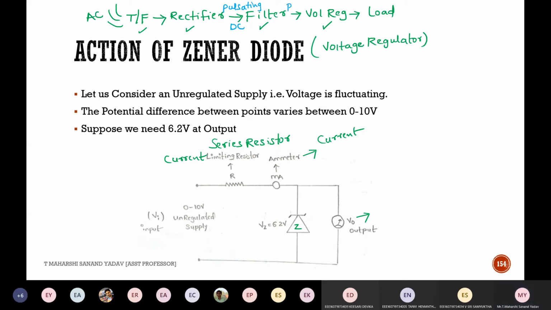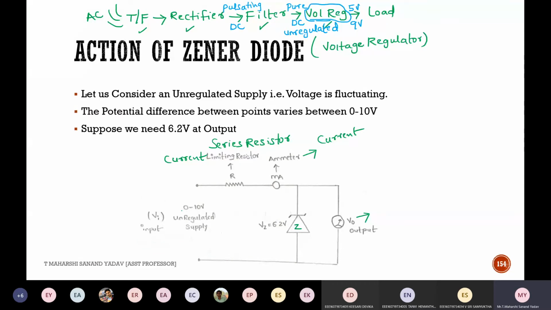After the filter, the output is pure DC, whereas this is unregulated. Unregulated means the voltage is fluctuating. In order to make it voltage regulated, suppose I want only 5 volt or 9 volt at the output, we need to use a special kind of circuitry using a diode called the Zener diode.